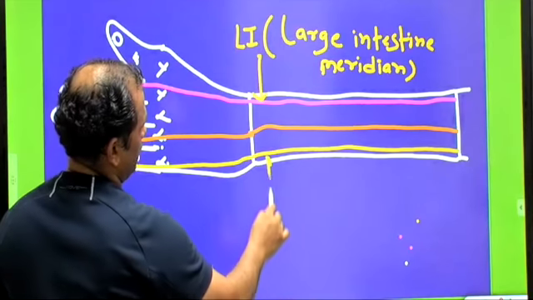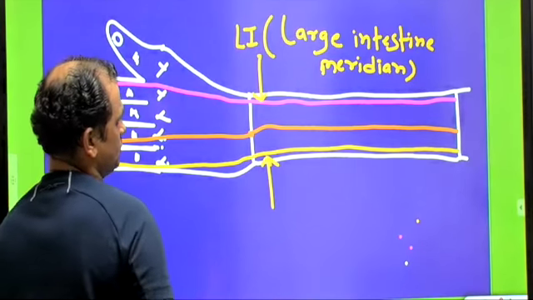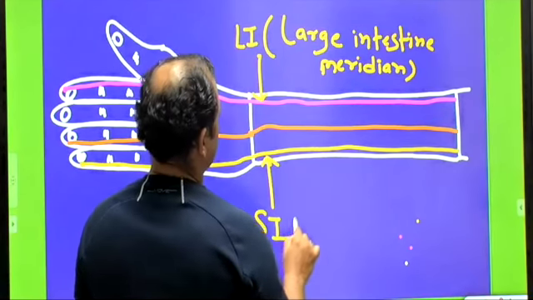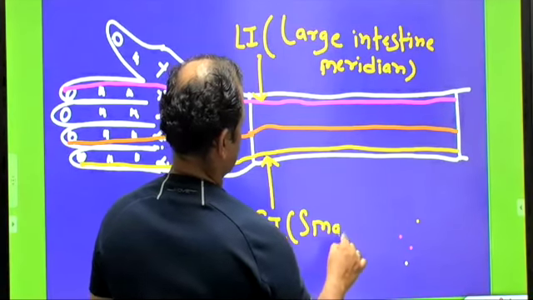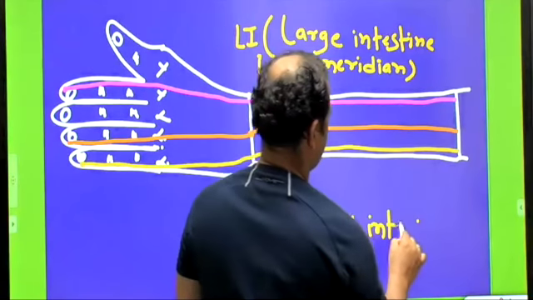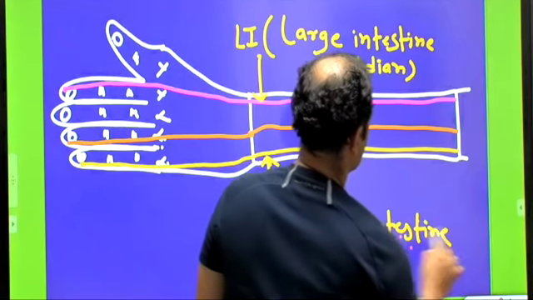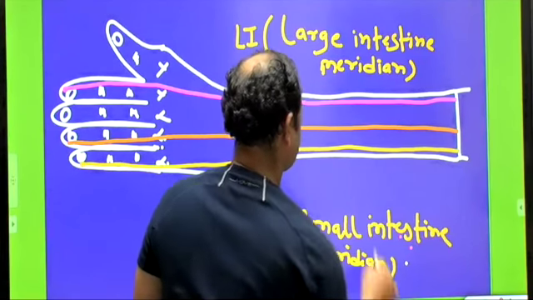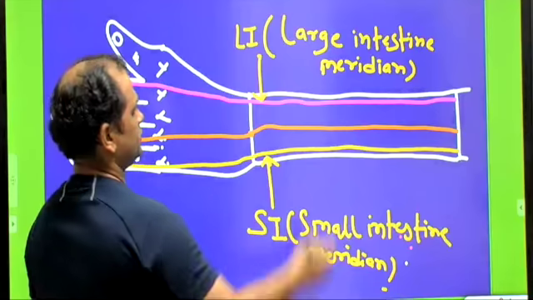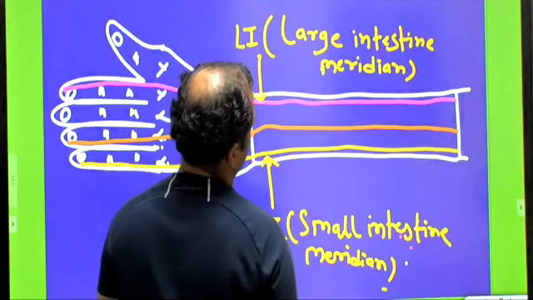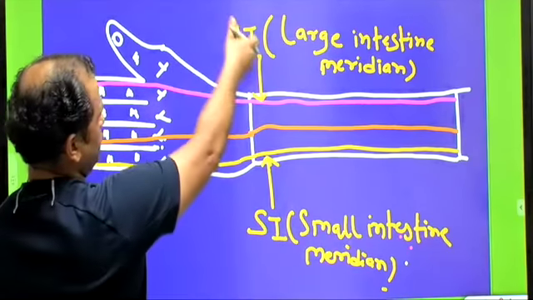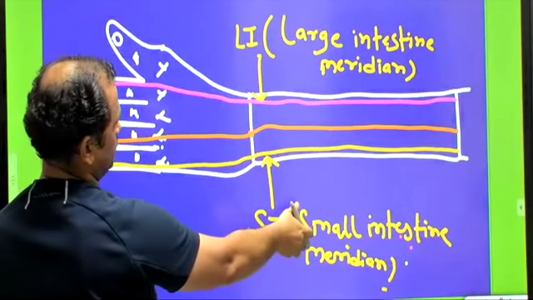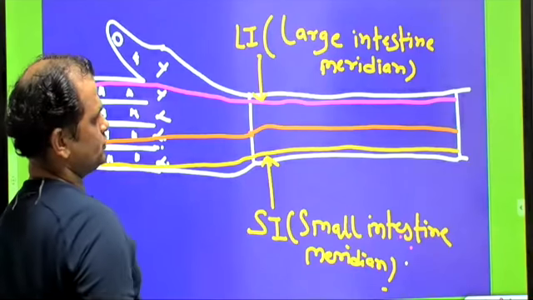The name of this meridian on the small finger side is SI, meaning small intestine meridian. So we can say both the intestine meridians are here. The upper one is the large intestine, toward the thumb side, and the lower one is the small intestine, toward the small finger side.